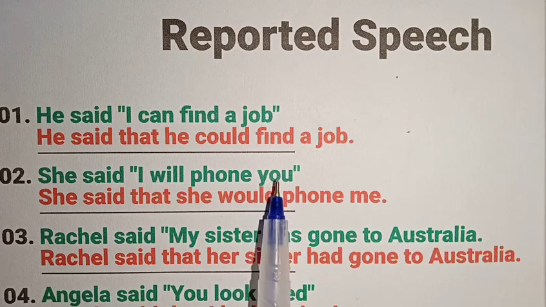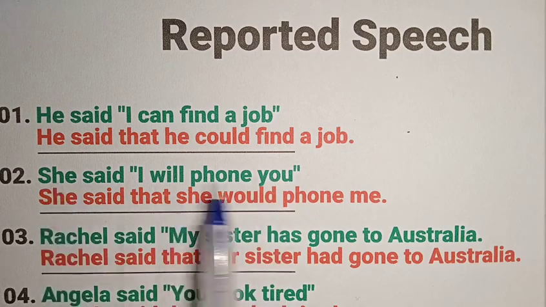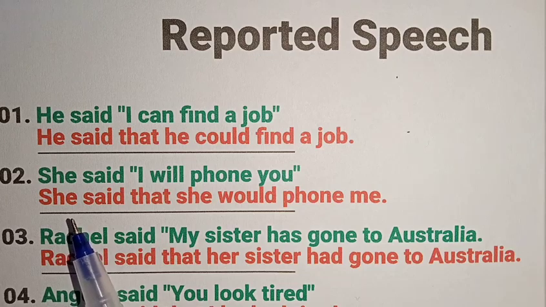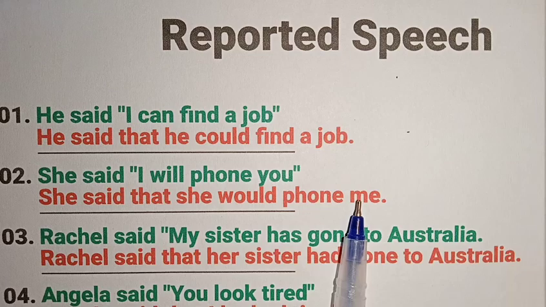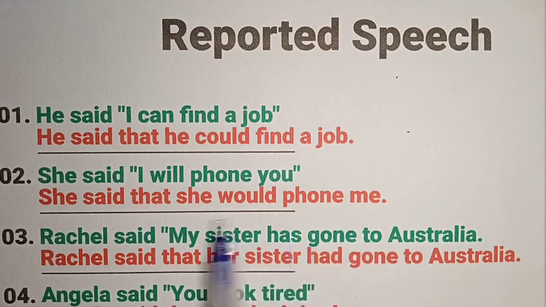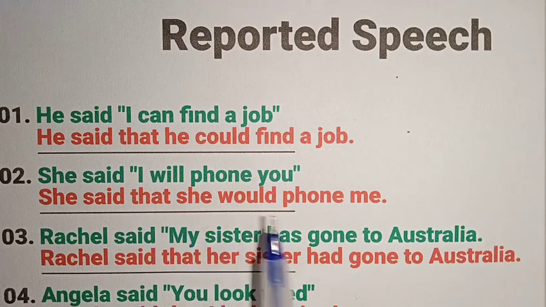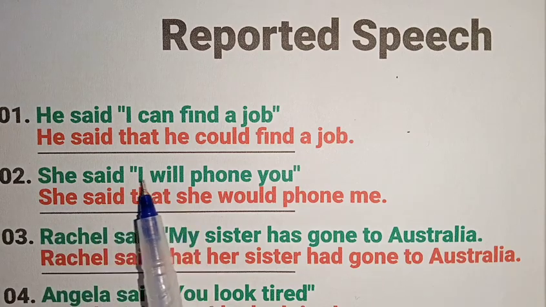When she mentions the pronoun you, she means you. She refers to you. Right? Then she said that she would pawn me. Will changes into would. Then you can understand how we change the pronouns.